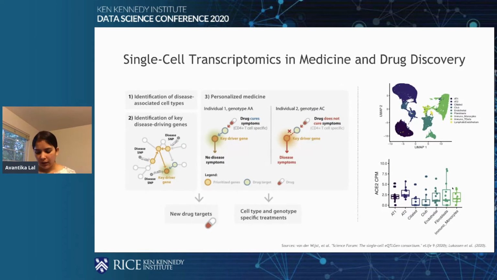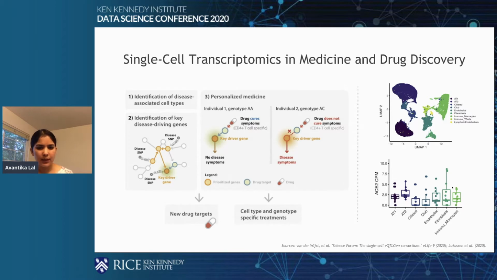Okay, so identifying different types of cells in the body with single-cell transcriptomics can be very important for drug discovery. One reason is that many diseases affect specific types of cells in the human body, or have different effects on different types of cells.